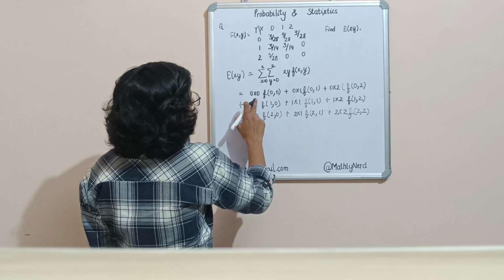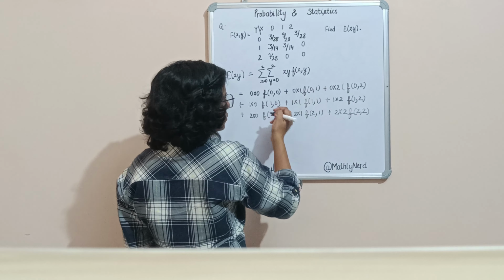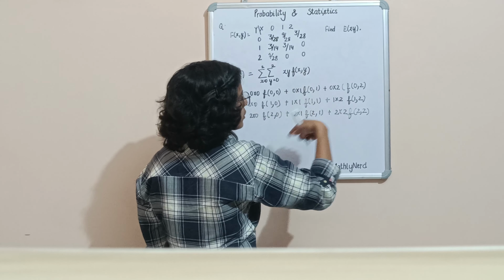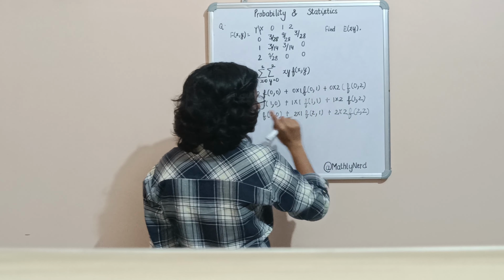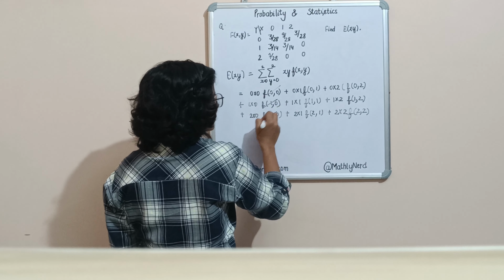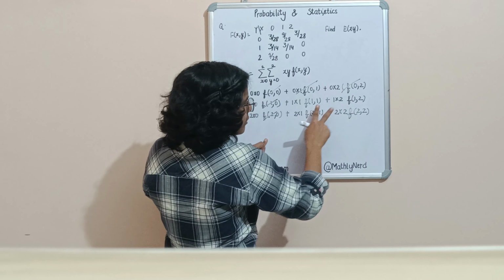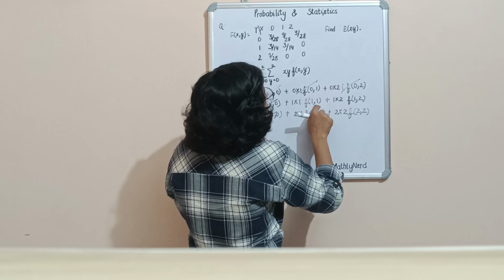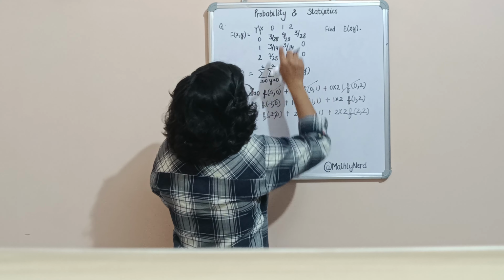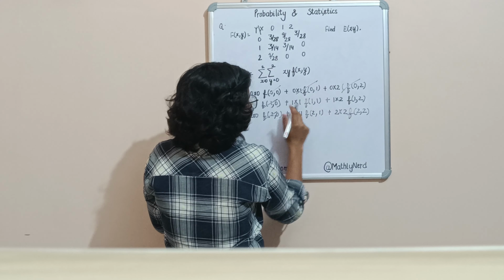Now we can see, if we multiply with 0, the whole term equals 0, so we cut out those terms. Now we have 4 values. f(1,1) is 3/14 and we multiply this by 1.